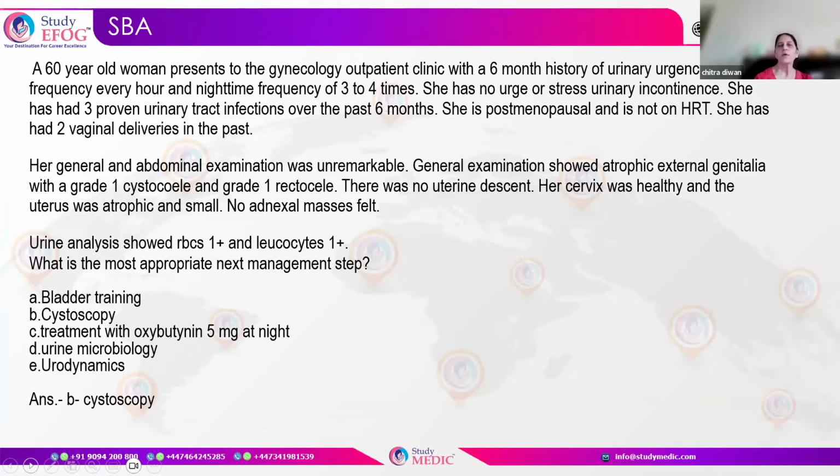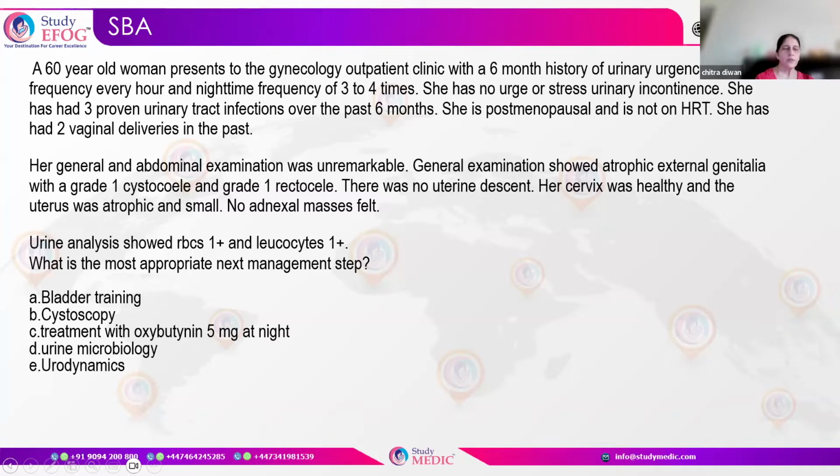She is postmenopausal, not on any HRT, and she has had 2 vaginal deliveries in the past. General examination is unremarkable. On local examination, she has atrophic external genitalia and grade 1 cystocele and grade 1 rectocele. No uterine descent. Cervix is healthy, no adnexal mass. Urine analysis shows RBCs and leukocytes. So, what will be the next step in her management?